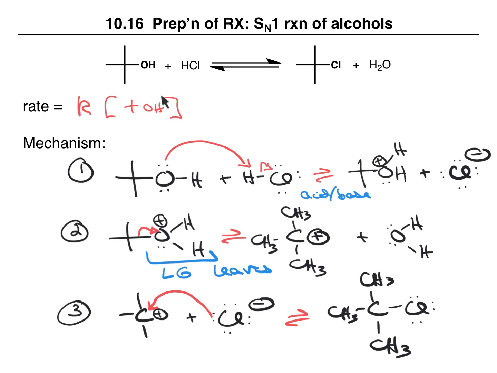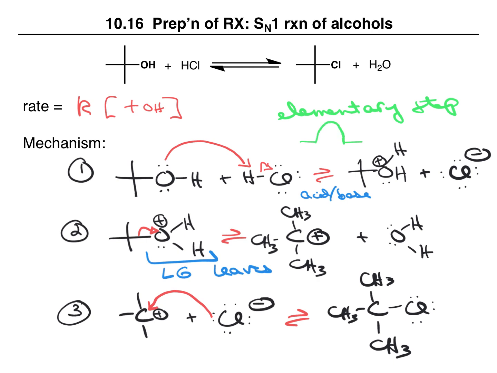So this reaction occurs in 3 elementary steps. An elementary step refers to a part of a mechanism where between reactants and products, there's only a single transition state.